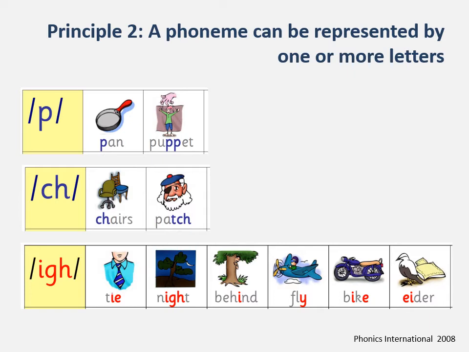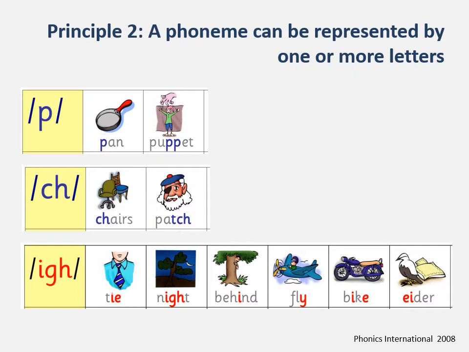The sound Ch is represented by two letters in the first example, chair. But it can also be represented by three letters, as in patch. The sound I, the phoneme I, can be represented in all those different ways there, with an IE, an IGH, just an I on its own.